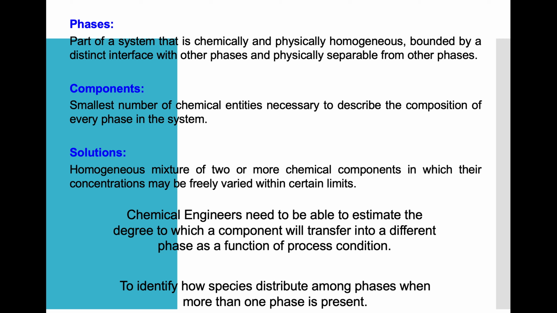So component is a subset of the solution. And it is important that chemical engineers need to be able to estimate the degree to which a component will transfer into a different phase as a function of process condition. Because most importantly, it is to identify how species distribute among phases when more than one phase is present.